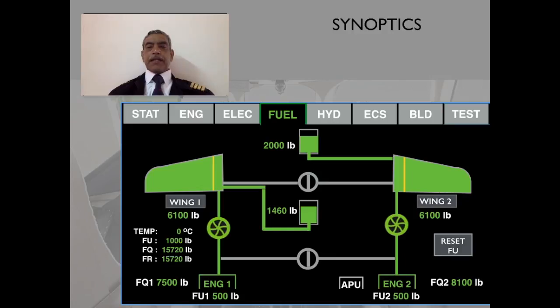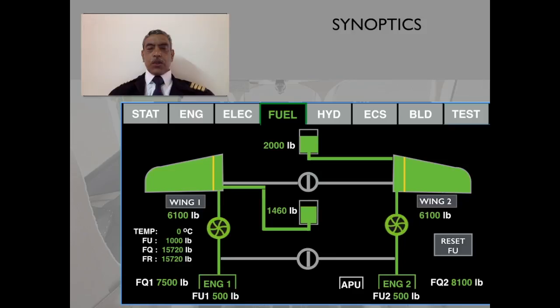This display appears when the pilot presses the fuel top sub menu selection. Now, as you can see, both the wing tank statuses are shown, and there are two other tanks, the center forward tank and the rear tanks.